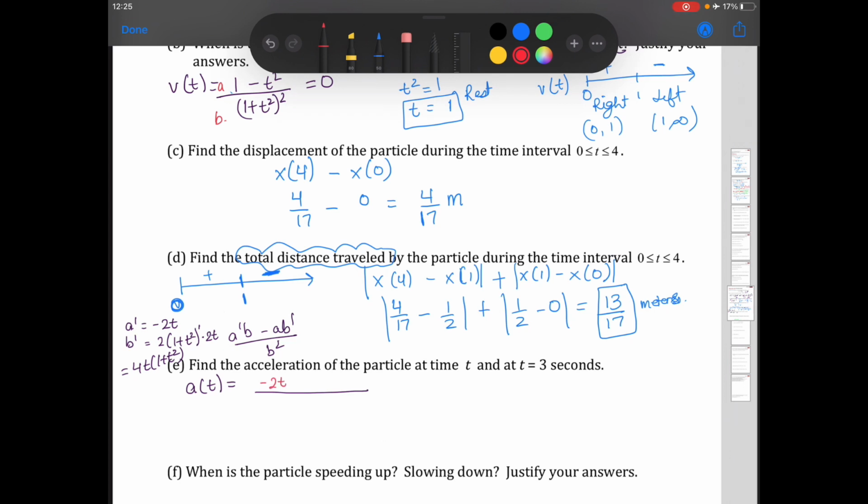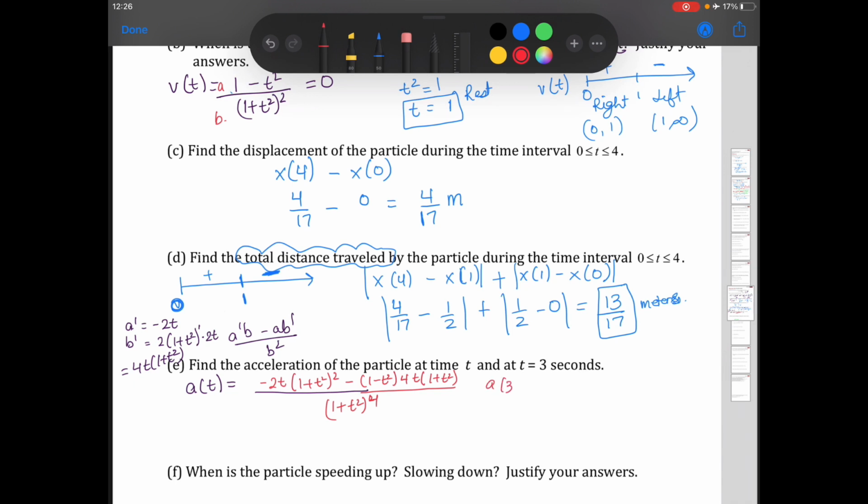So a prime is negative 2t, and my original b was 1 plus t squared, minus a, which is 1 minus t squared, and my b prime is 4t times 1 plus t squared, right? I know it looks really ugly, but it is what it is. And the denominator is this squared squared, which would be to the 4th.